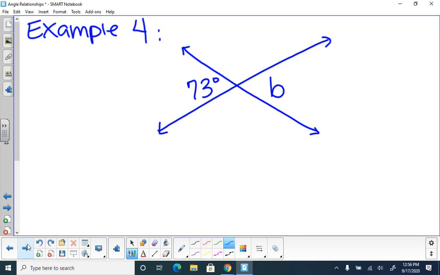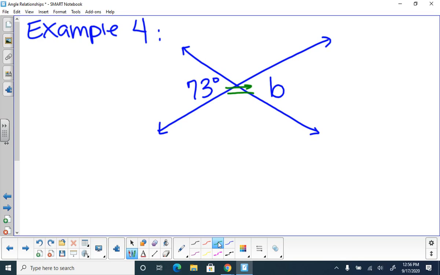We are not going to go 73 plus B equals. We said vertical angles are the same. They're congruent. They're equal. Whatever word you want to use. Angles that are across from each other are equal. So whenever I am going across my intersection, they are equal.